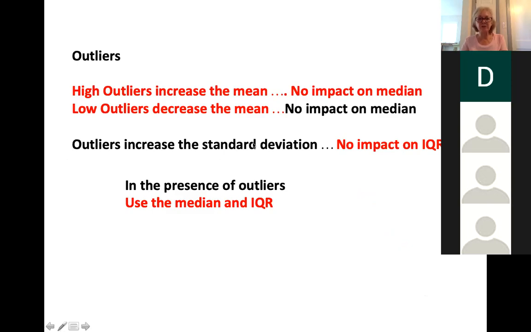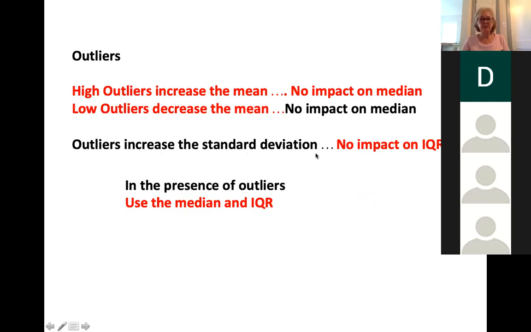Outliers do damage to the mean. High outliers increase the mean. Low outliers make the mean smaller. The median doesn't care about the outliers. It only looks at the middle 50%. Outliers always increase the standard deviation.